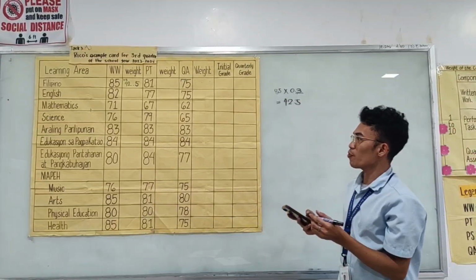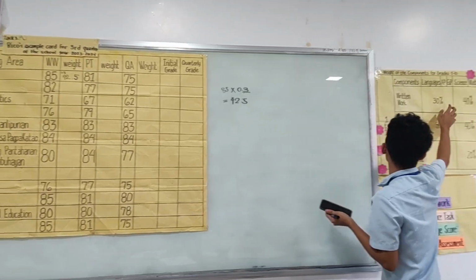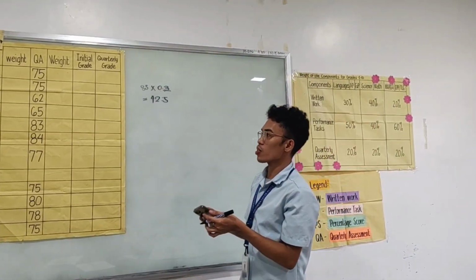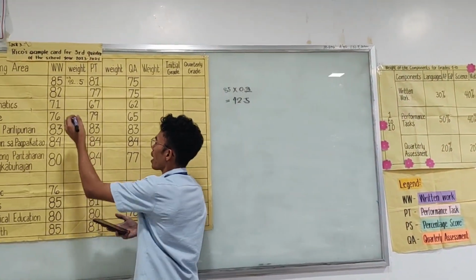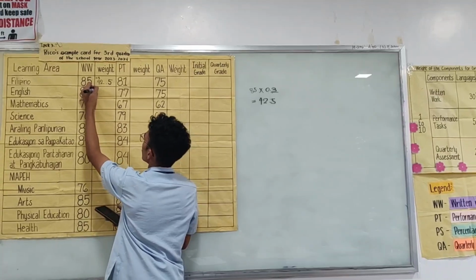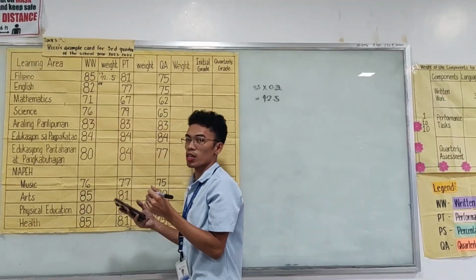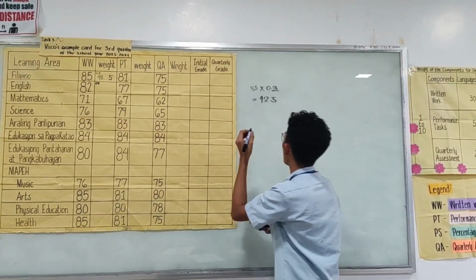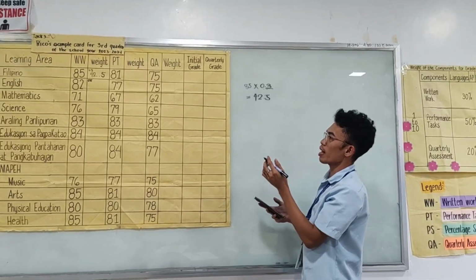The weight of the performance task in Filipino is 50%. So we're going to multiply 82 by 0.5 since the weight component is 50%. The same procedure as what we had in the written work.